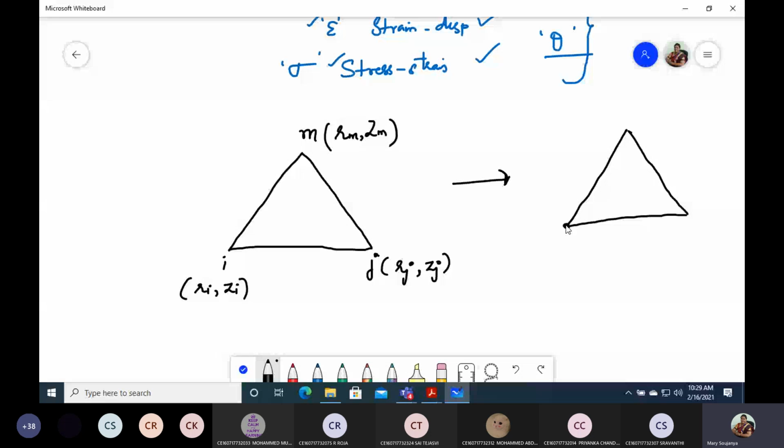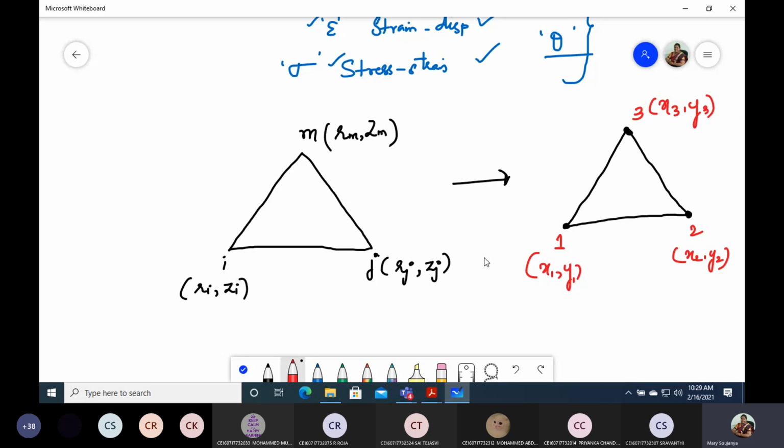Now if we clearly see, this exactly resembles what we have taken for the CST element with nodes 1, 2 and 3. We had x1, y1, x2, y2, x3, y3, is it not?